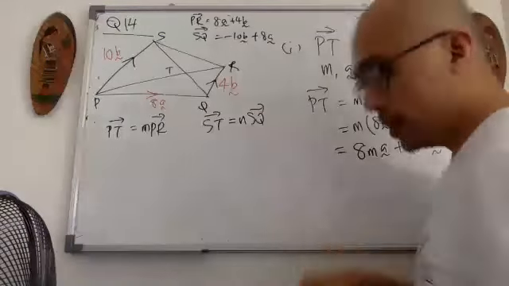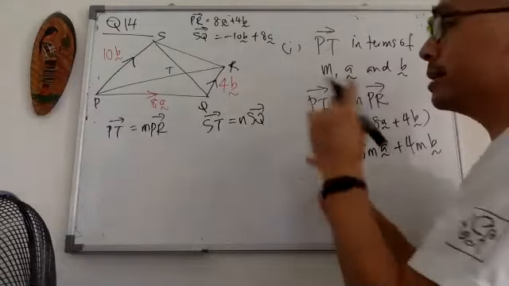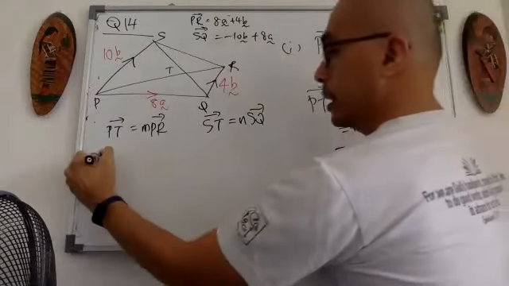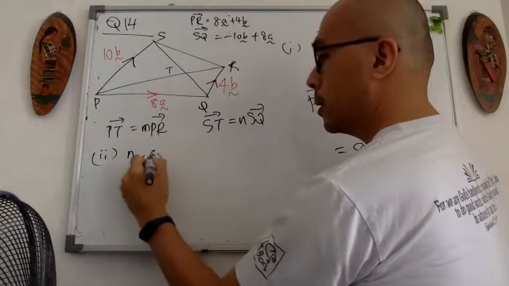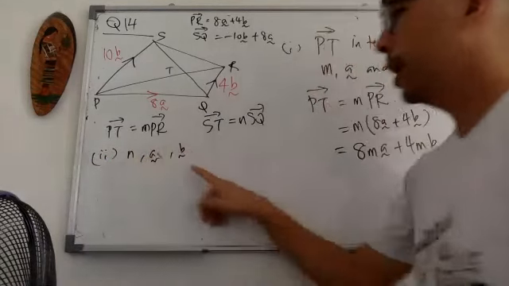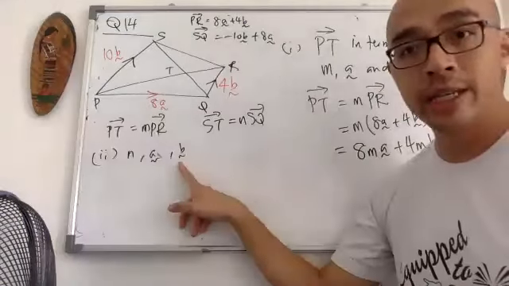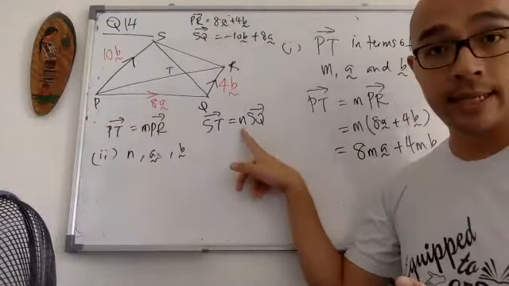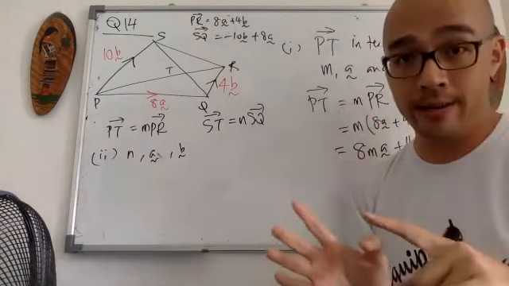Okay, question 2 is PT in terms of N, A, and B. There's only one equation or one relation here that involves N, which is this. ST equals to NSQ, but we want PT.